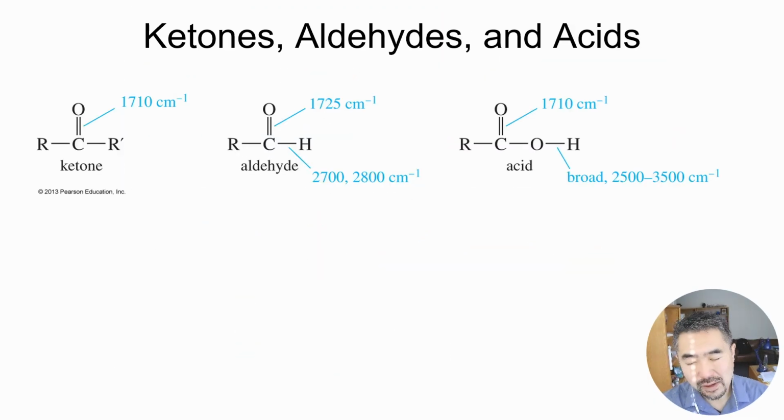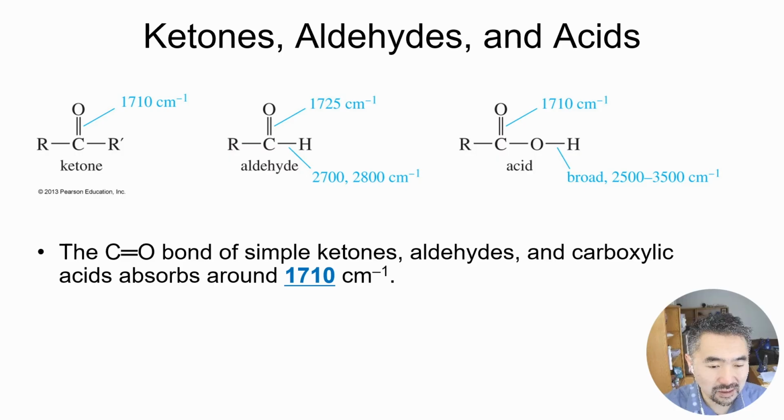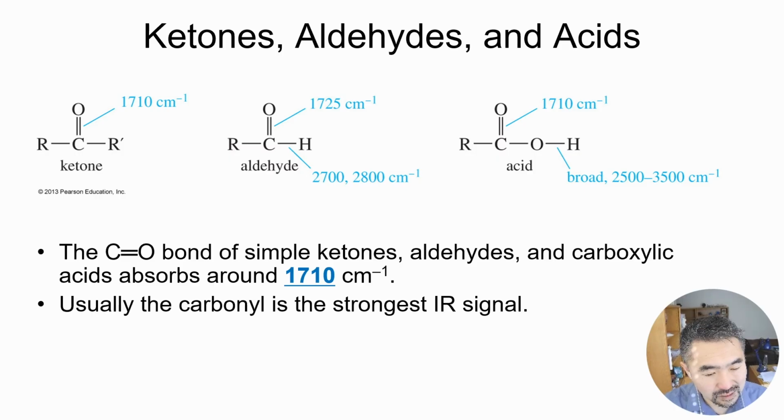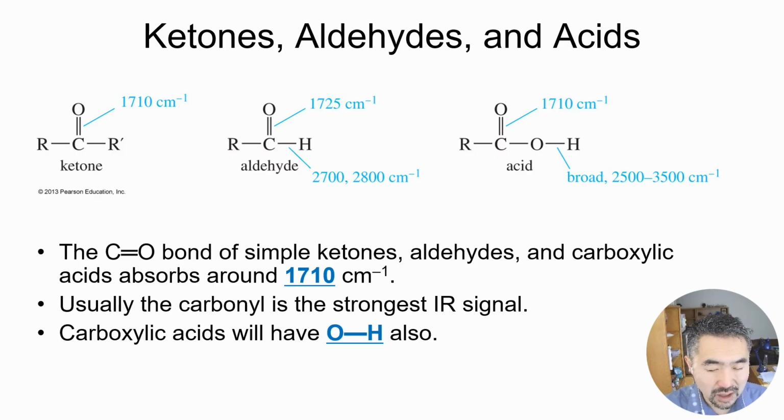Okay. Now, what about all the carbonyl peaks? Those are also very unique and diagnostic. Ketones, aldehydes, and carboxylic acids all show a peak around 1700, around 1710 wave numbers. Usually it's the strongest peak by far, so it's really easy to spot.